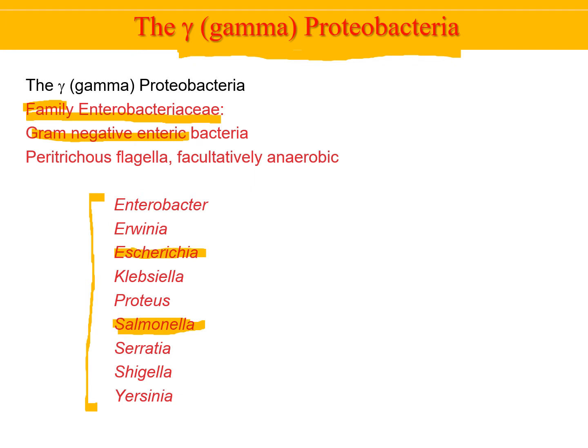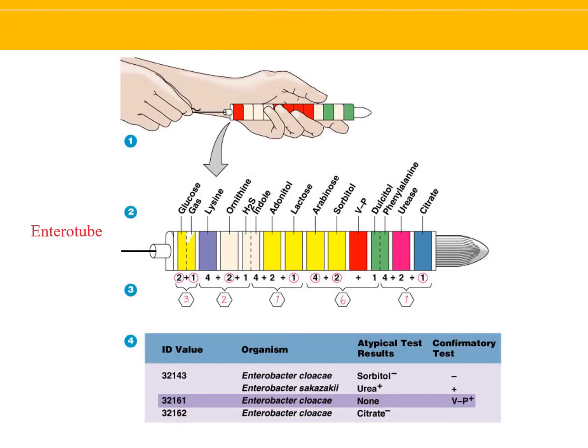They are identified one from the other by culture of fecal samples using setups like this, the Entero tube, which I talked to you about in the first lecture.